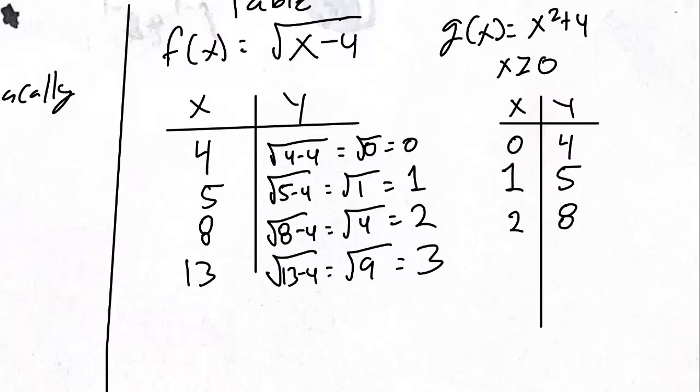And then you could do 3. 3 squared plus 4 is 13. Well, look at that. It turns out they are inverse functions. If you look at the table, the x and y are reversed between both equations. So this proves it numerically that they are indeed inverse functions, but they are only inverse functions because of this restriction.